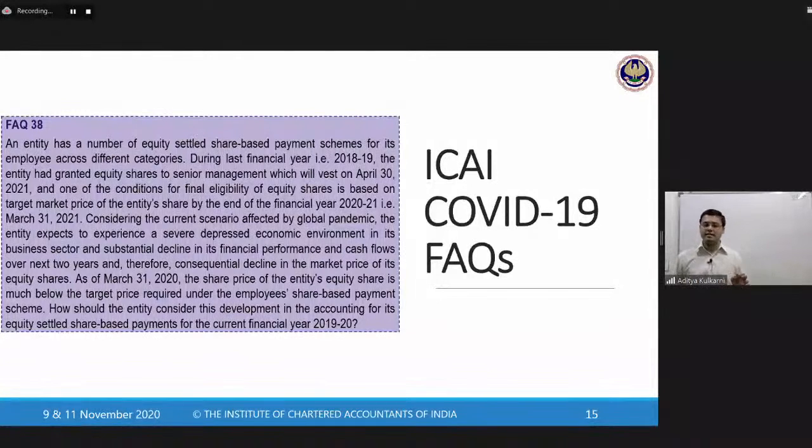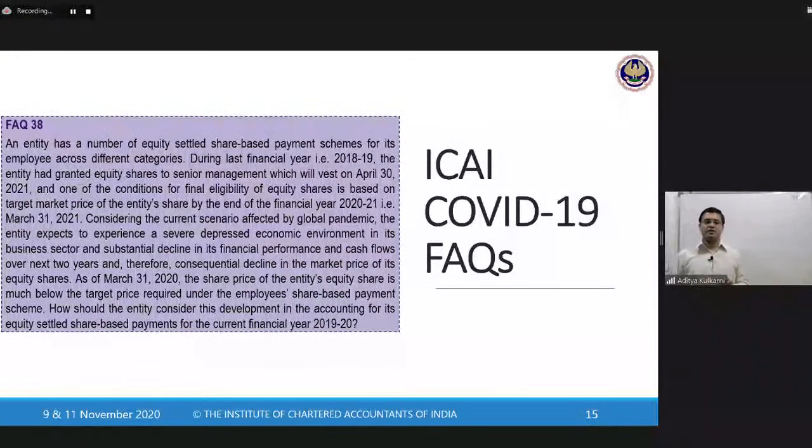Considering the current scenario affected by the global pandemic, the entity expects to experience a severe depressed economic environment in its business sector and substantial decline in its financial performance and cash flows over the next 2 years, and therefore a consequential decline in the market price of its equity shares.